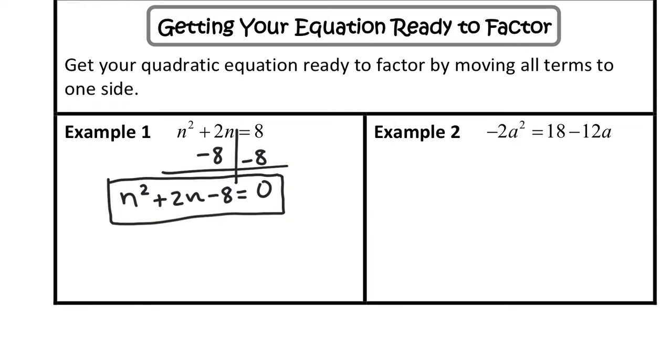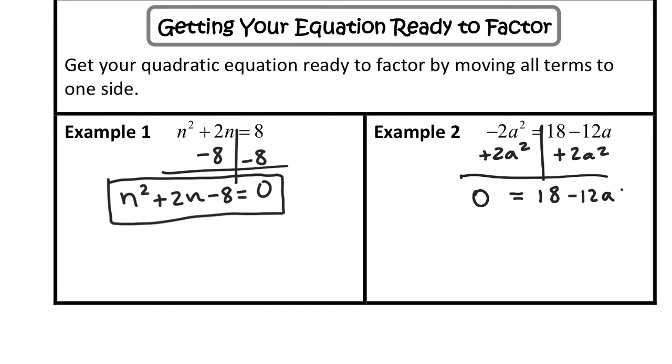Another reason why I want to move the a squared term to the right is because I always want the term with the largest power to be positive. It makes the factoring process easier when we get to the factoring. So to do that, I need to do the opposite, so add 2a squared on both sides. That's going to give me 0 equals, bring down the 18, bring down the minus 12a, and bring down 2a squared. But then I'm going to reorganize these terms from largest power to smallest.